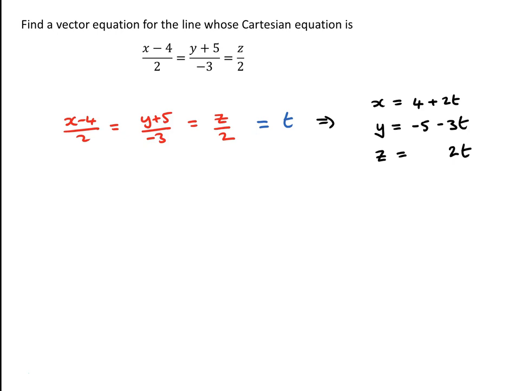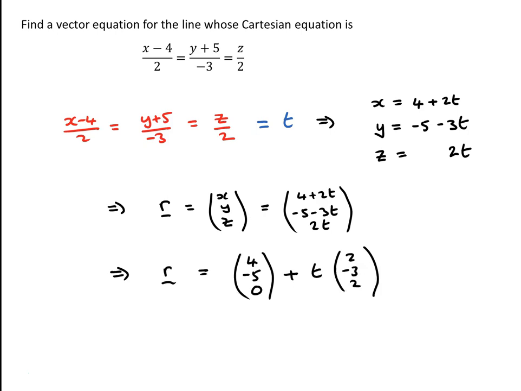In other words, the position vector (x, y, z) of our arbitrary point is given by (4 plus 2t, minus 5 minus 3t, 2t), where t is our arbitrary number. And we can rewrite that equation as r equals (4, minus 5, 0) plus t times (2, minus 3, 2), which is our vector equation for the line.